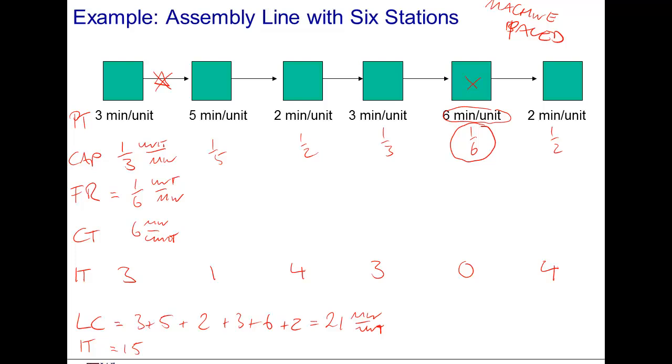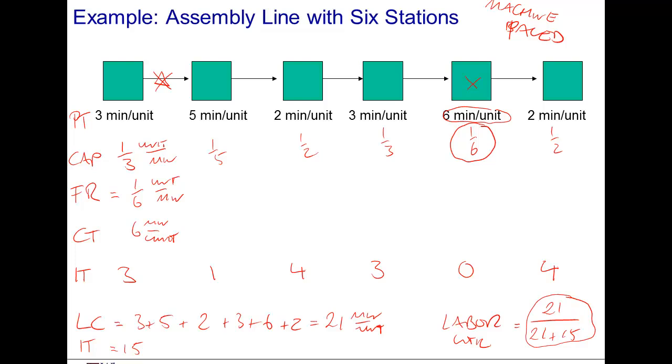We can then define the average labor utilization as 21 minutes labor content divided by 21 plus 15, which is the average utilization in this process.